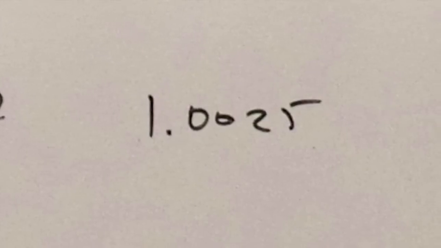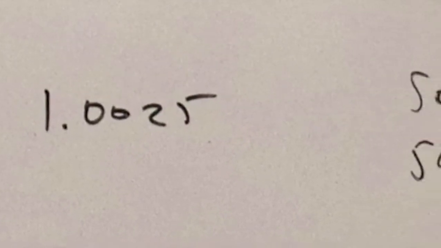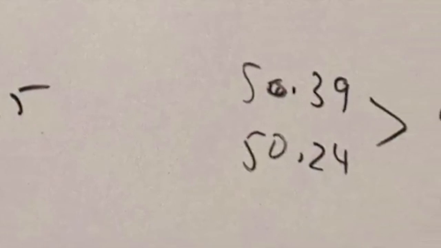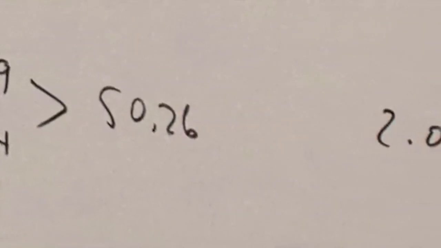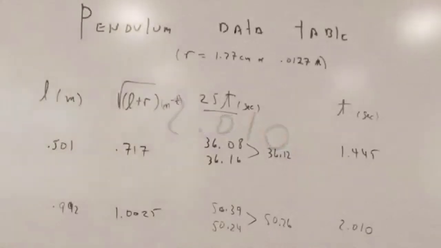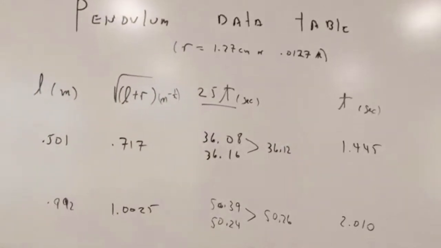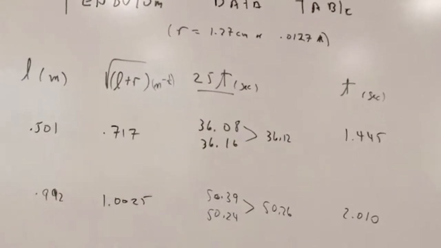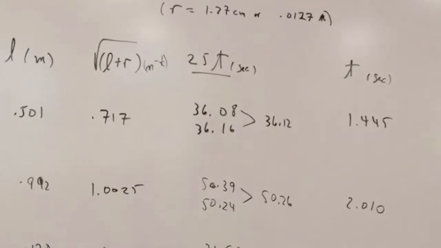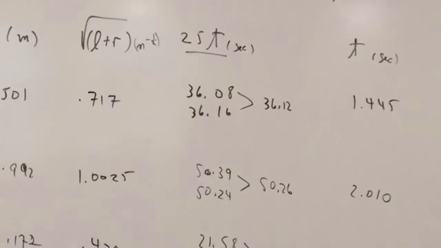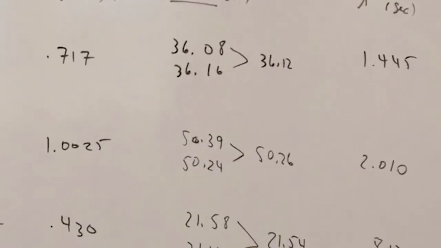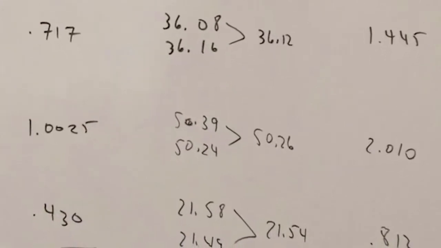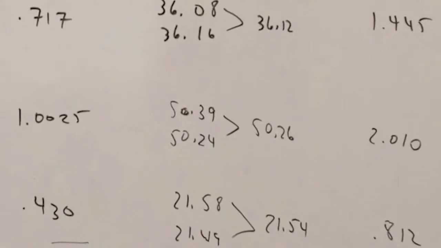For instance, if you look at the approximately 1 meter length, when I divide this number by 25, I get 2.010. A 1 meter pendulum, I think I mentioned that earlier, is called a seconds pendulum because it takes almost exactly 2 seconds to go back and forth. That's 1 period. So it's a 2 seconds pendulum.